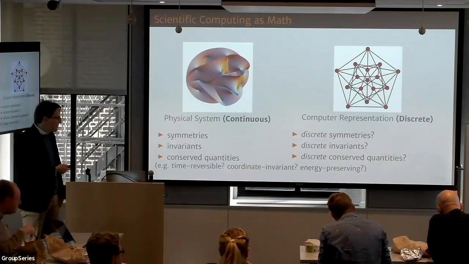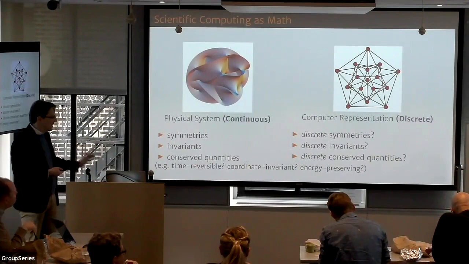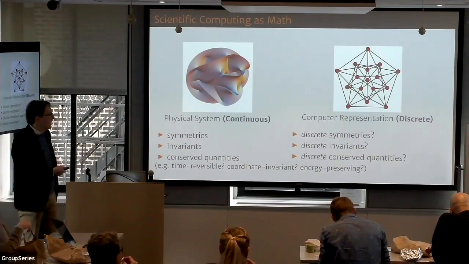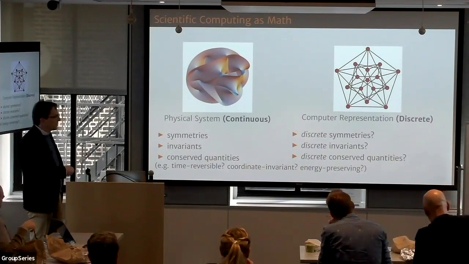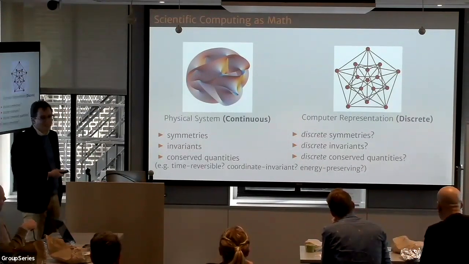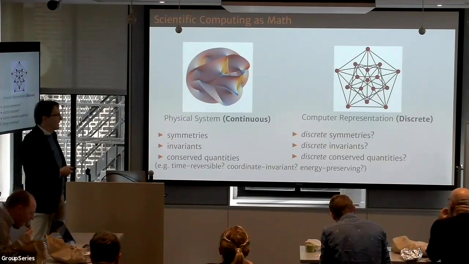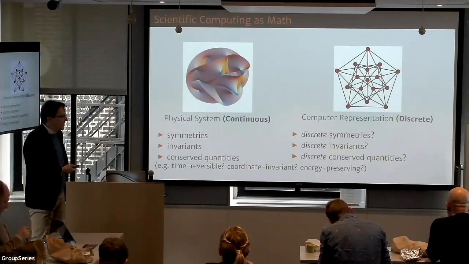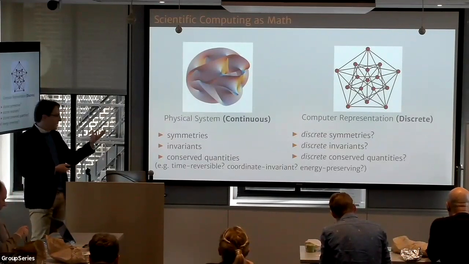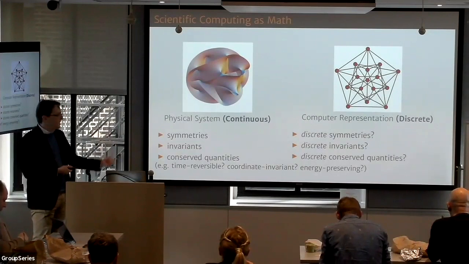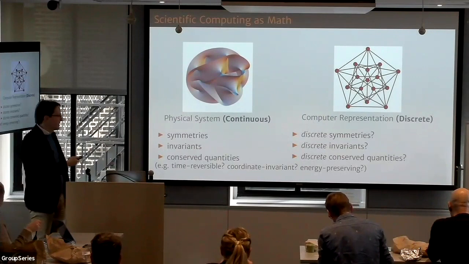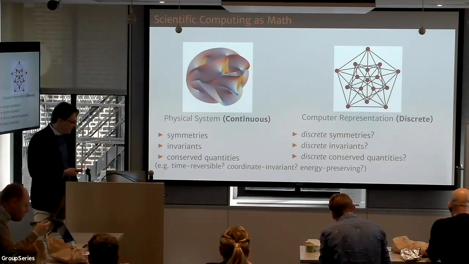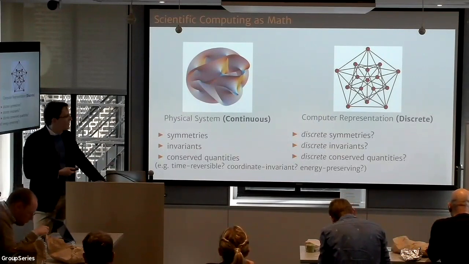They might be time reversible, they might be coordinate invariant, they might have energies that have to be preserved. And you put things on a computer. The computer has a finite amount of memory and computational resources, so you have to discretize. Then you can think about this discretized system as a new physical system, and ask whether you also preserve these symmetries, invariants, and conserved quantities at the discrete level.